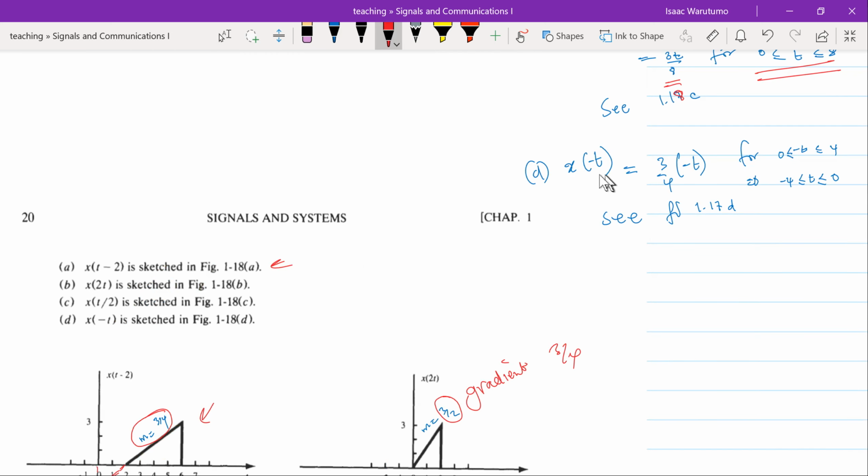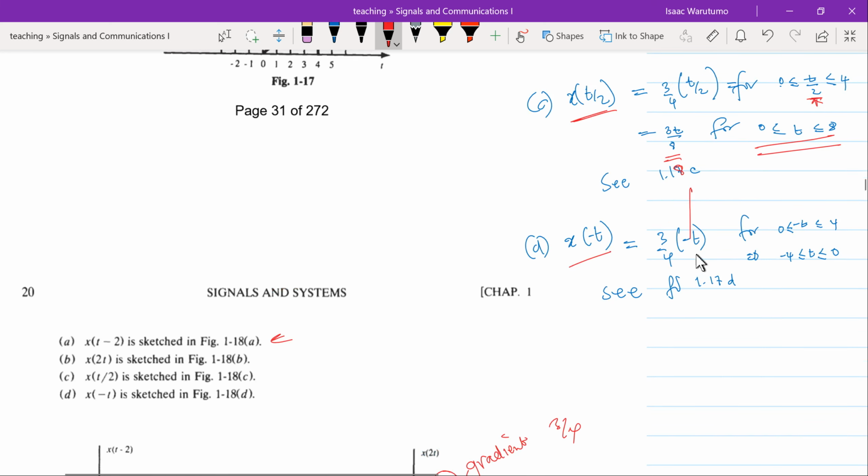when our function of t becomes negative, we do the same, and we observe that the gradient will change to become negative. Initially this is how our range varied. Therefore, when you multiply both sides by a negative, it causes the inequality sign to change.